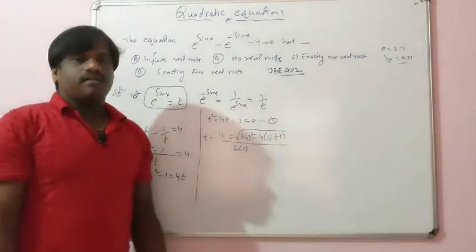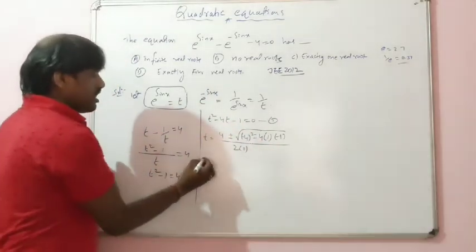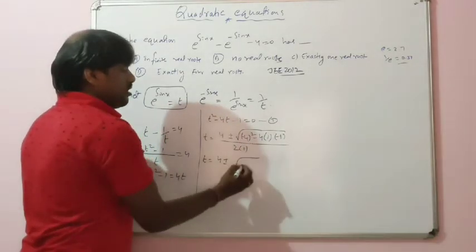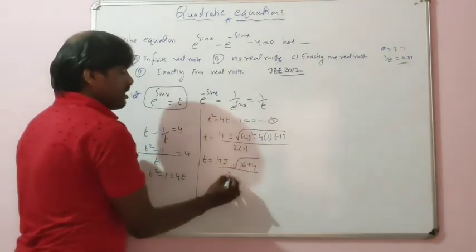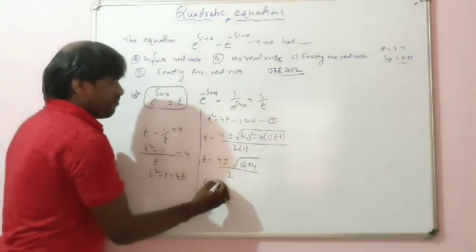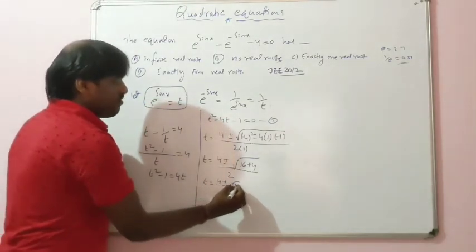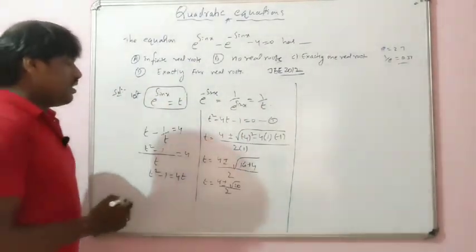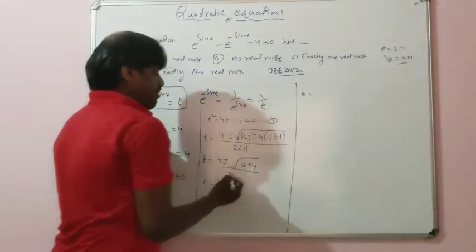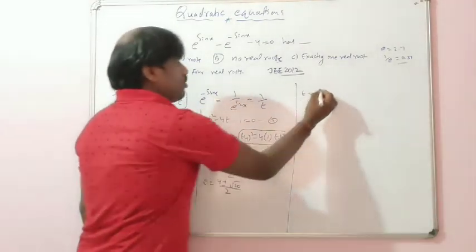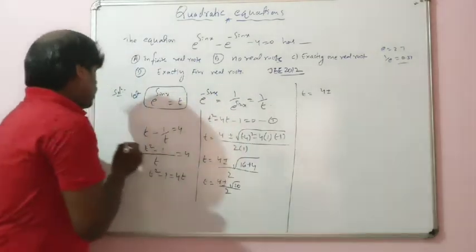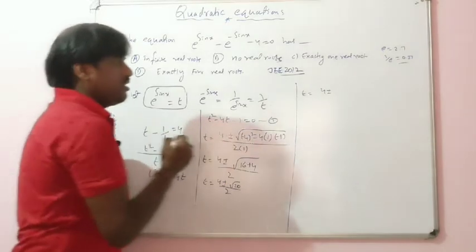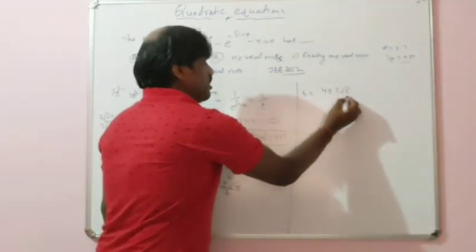The reason is that here we cannot split them, right? So the t value I am going to get is 4 plus or minus square root of 16 plus 4, that is 20, by 2. See here, root 20 can be written as 2 tens are 2 5s, that is 2 root 5, divided by 2.